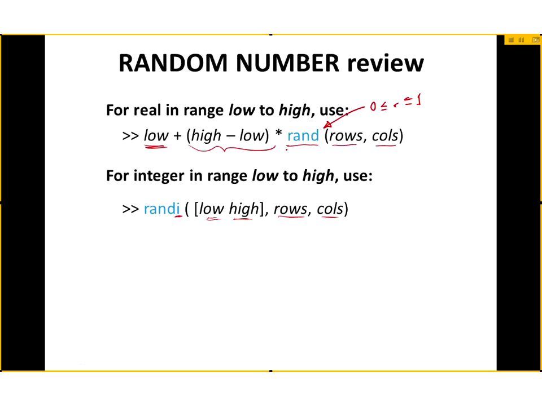Alternatively, we saw that another approach is to just use the basic rand function and then use floor in order to cut off the decimal portion of those numbers, and that we needed to scale by high minus low, shift upward by an extra 1 in order to have that work out.